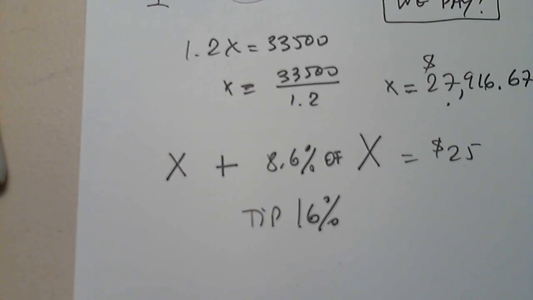Now, the tip is for the delivery, but to the bill. What is not clear here is whether the 16% is on the cost of the food, or is it 16% on $25?